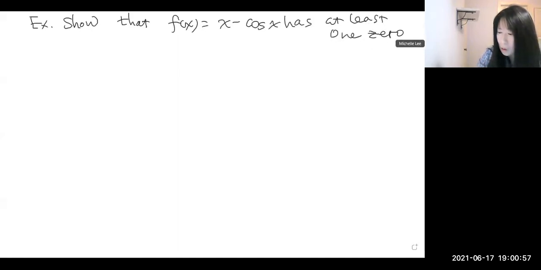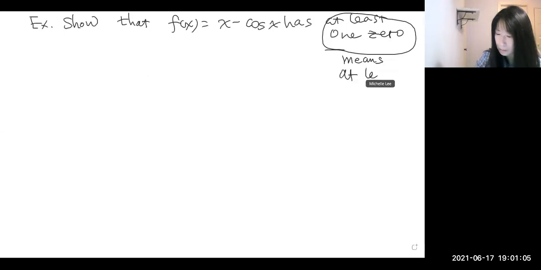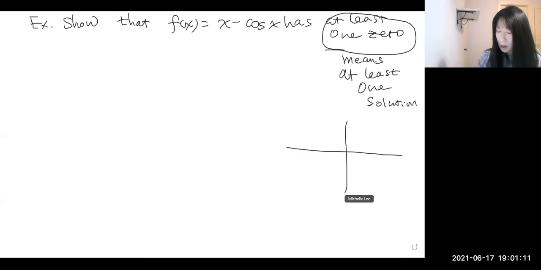At least one zero means there is a solution. At least one solution means it must touch the x-axis. This is the solution, okay?